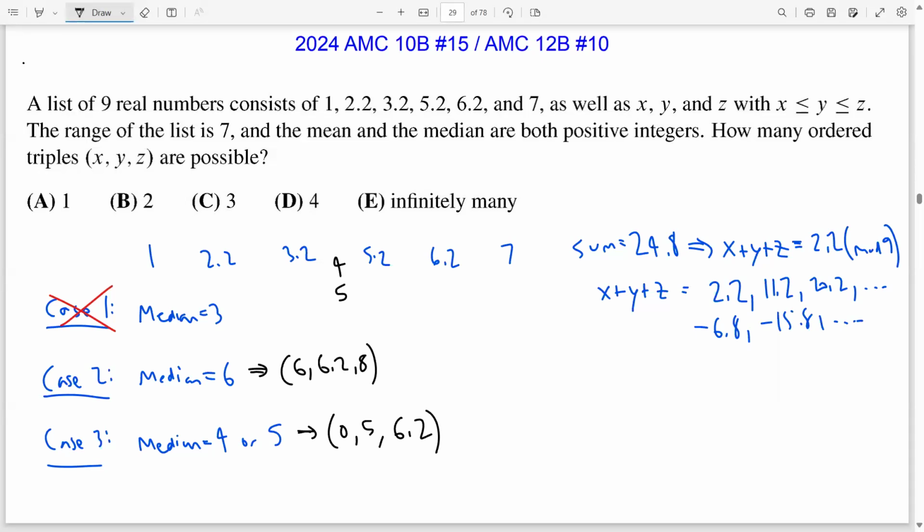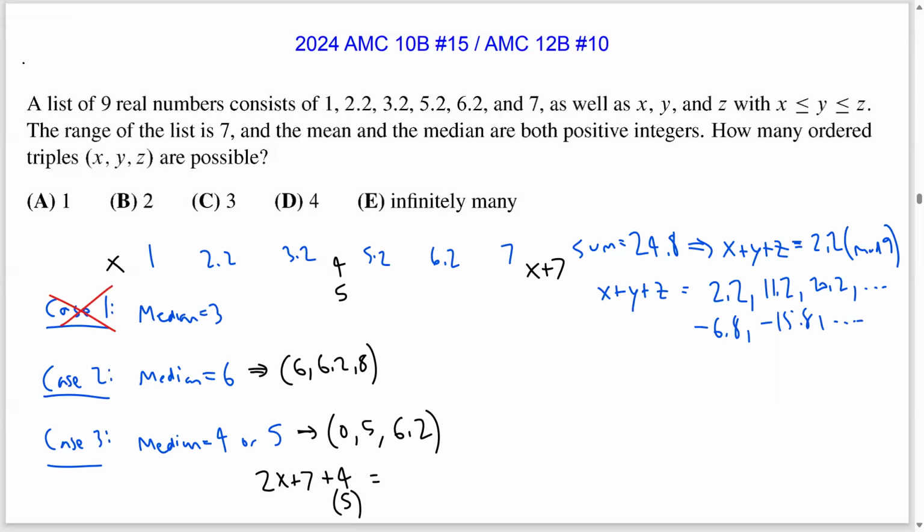And then lastly, if the smallest number is x and the largest number z is x plus 7, then we can solve the equation 2x plus 7 plus 4 or 5. This has to be 2.2 more than a multiple of 9.